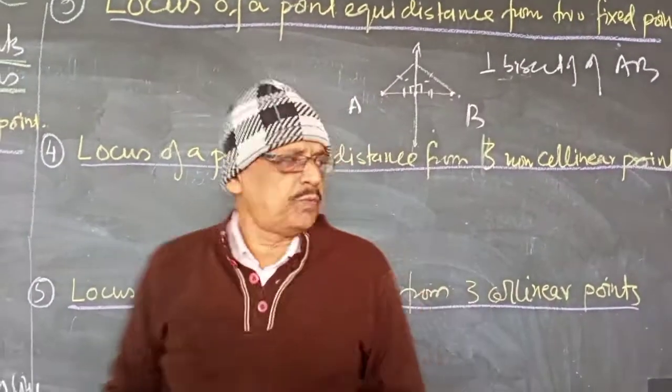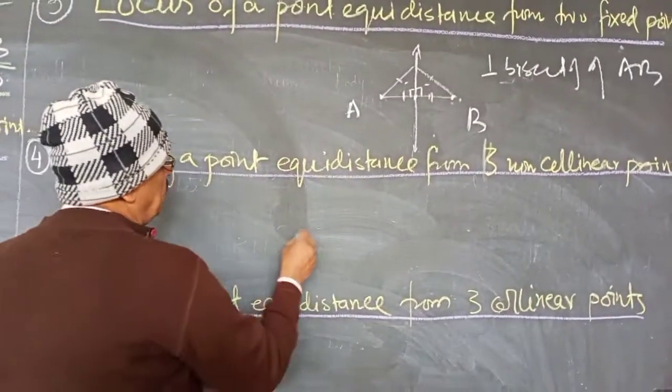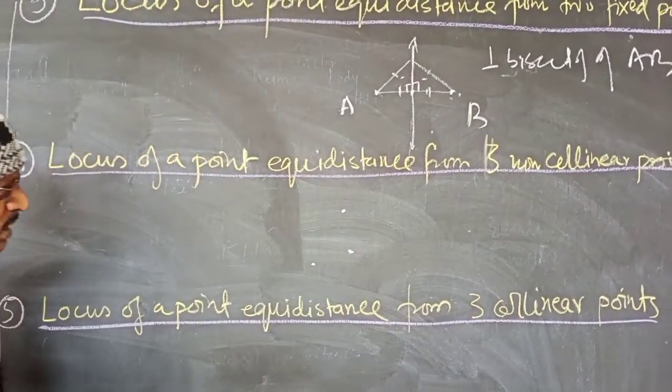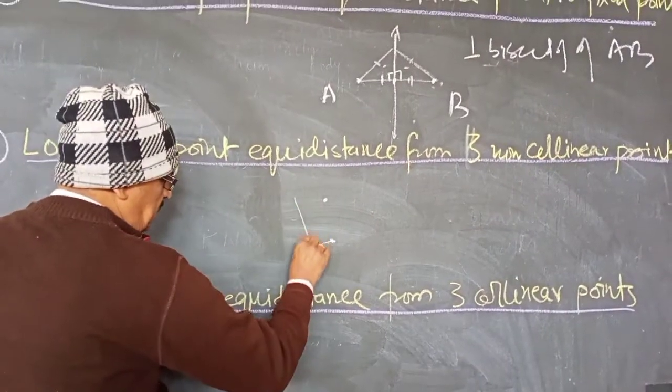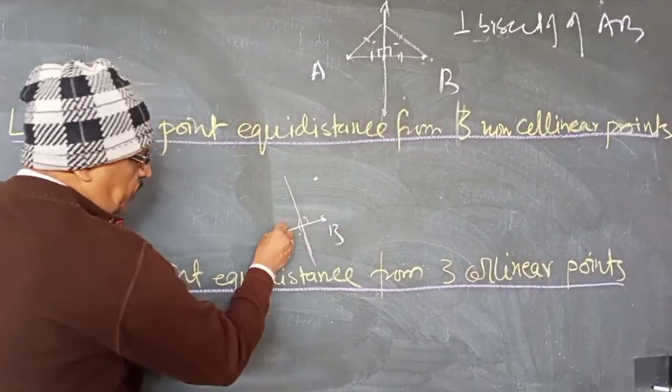Next, number 4. Locus of a point equidistant from three non-collinear points. If we draw a perpendicular bisector, then every point on it is equidistant from two of the points.